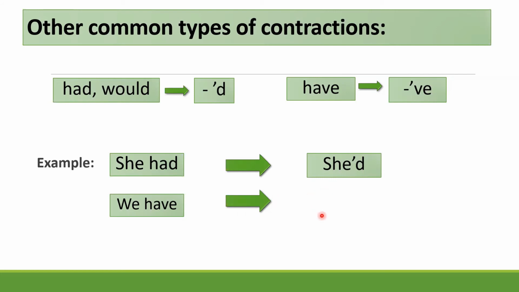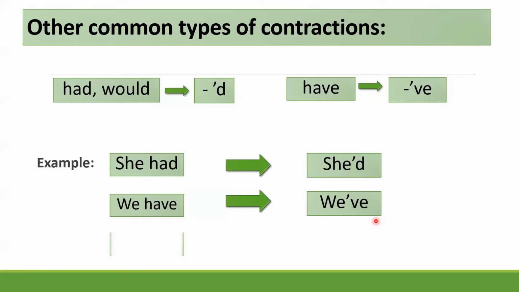We just have to remove these two letters, H and A. So it will become we've. We, W-E, still has W-E. H-A will now be removed, and then put apostrophe and write V-E. So it will become we've. Okay, we have contracted form we've.